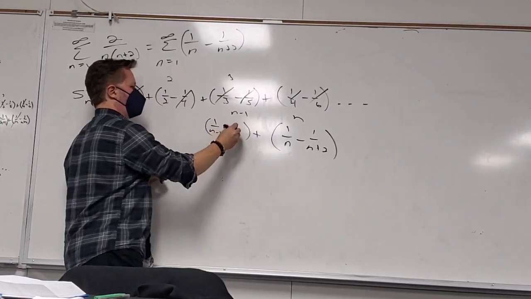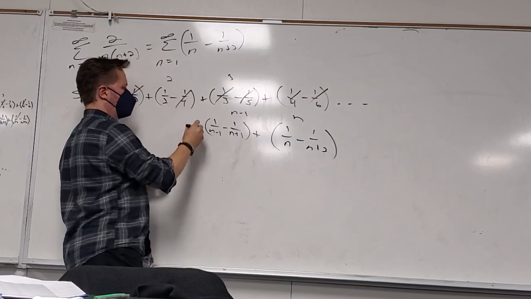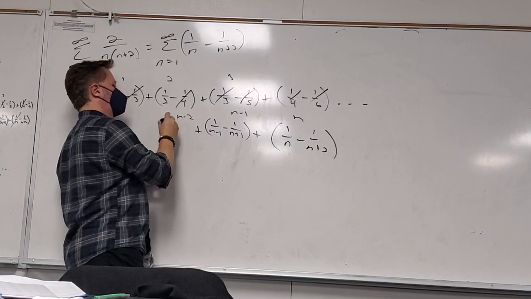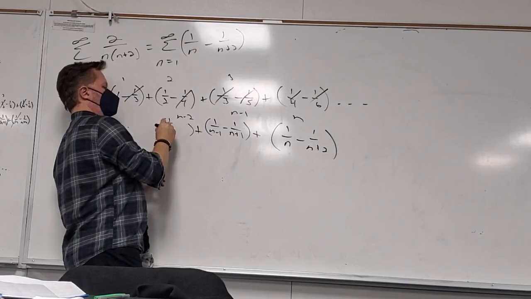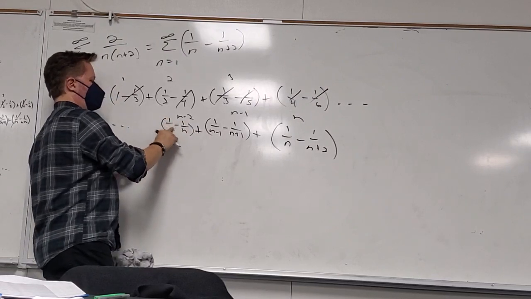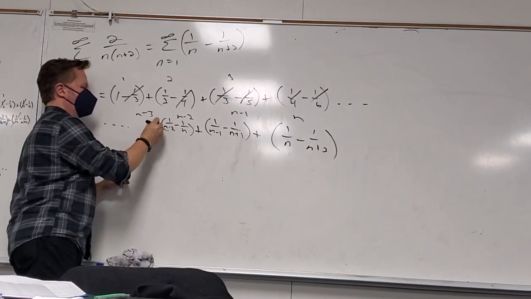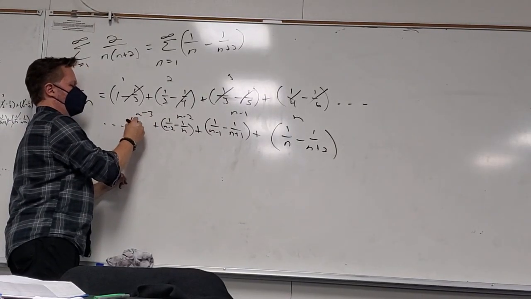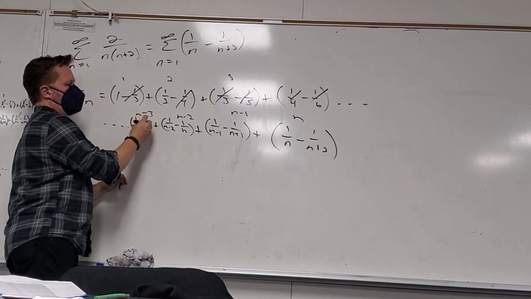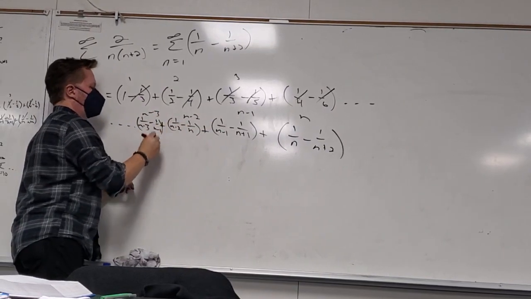You just take 1 away from each of those. And the n minus 2th term? 1 over n minus 2. The n minus 3rd term looks like 1 over n minus 3. Okay, that might be enough.